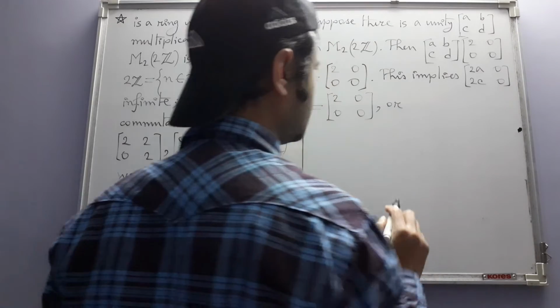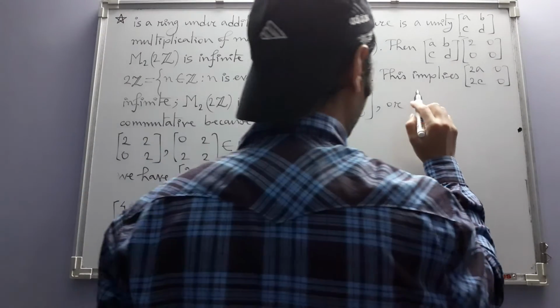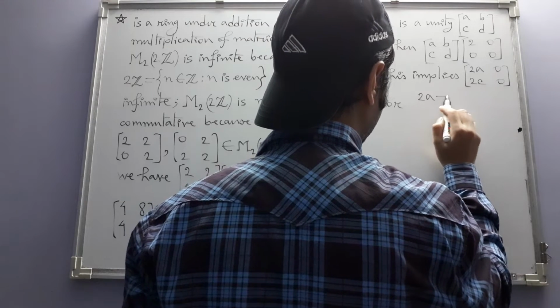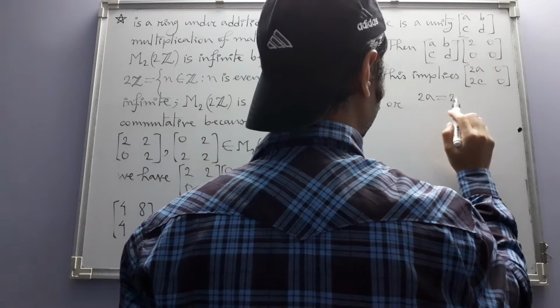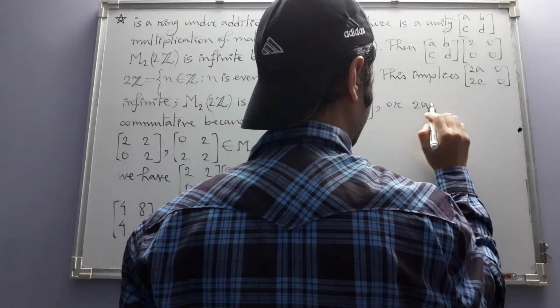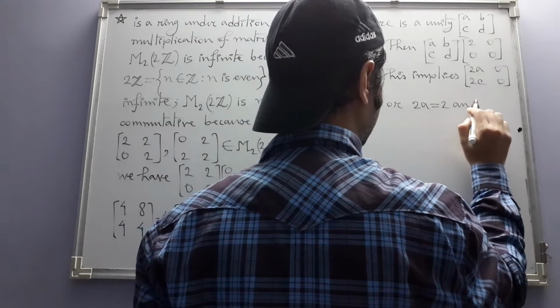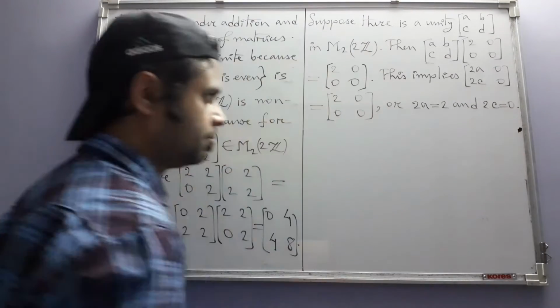So corresponding entries should be equal. 2a equal to 2, and 2c is equal to 0.